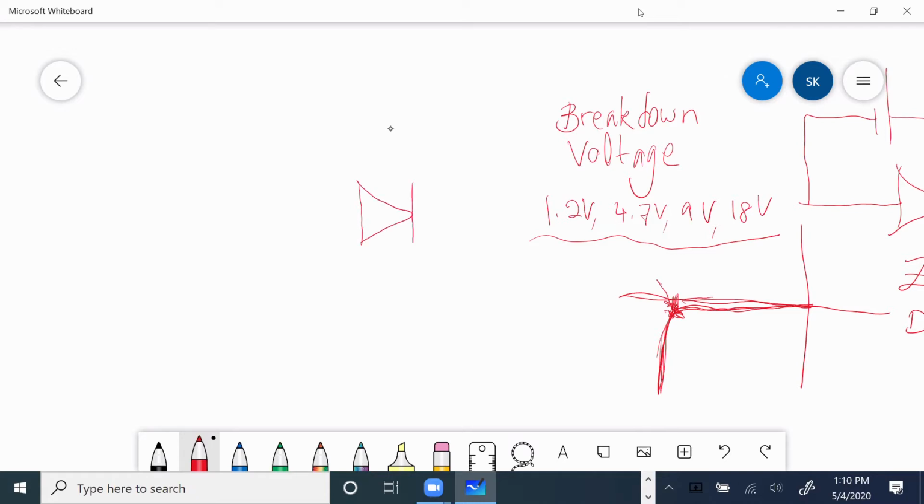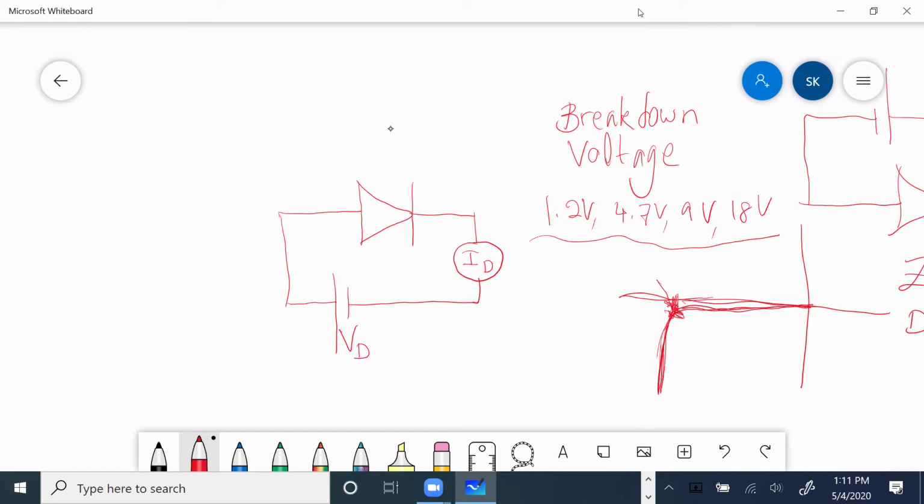Now forget the Zener diode. The Zener diode is only for reverse biasing. We are talking about the ordinary PN junction diode. So as you can see, when we bias it forward, bias like this, VD, there will be a current flow through this diode called ID.